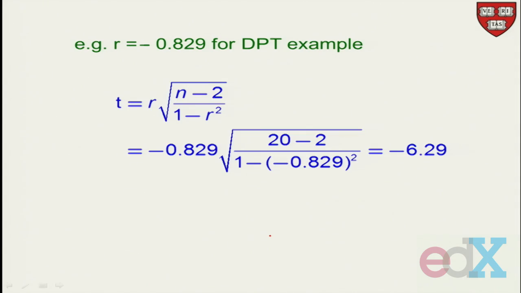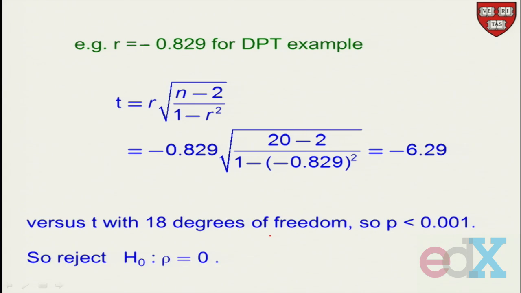So for example, in the DPT example that we looked at, the r was minus 0.829. So we can look at our t as minus 6.29, and we get that the p is less than 0.001. If we want to do it by hand, that's how you do it. You compare it to a t with n minus 2 degrees of freedom. All right?